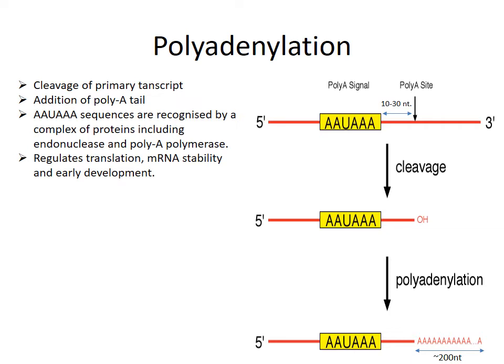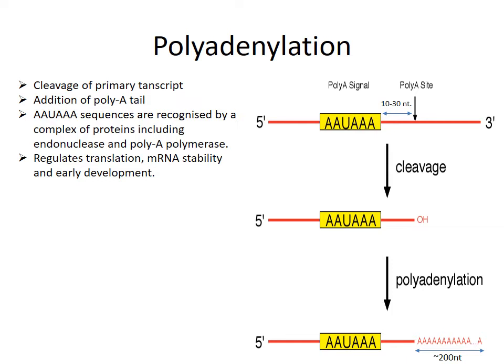This signal for polyadenylation is located approximately 10 to 30 nucleotides upstream of the site of polyadenylation. In addition to this, a GU-rich downstream sequence element is also present.